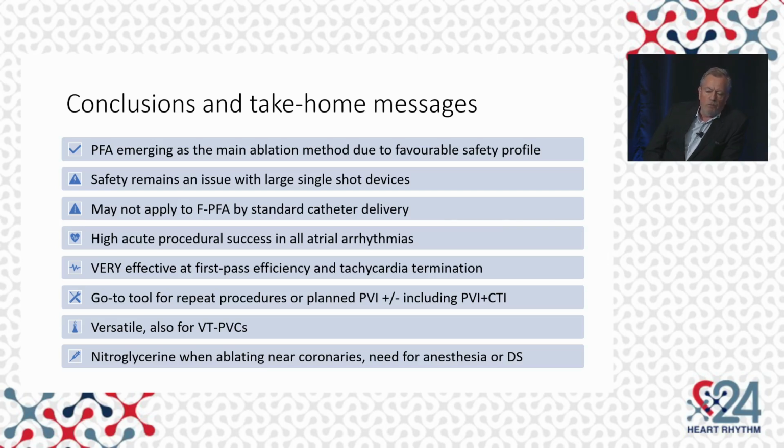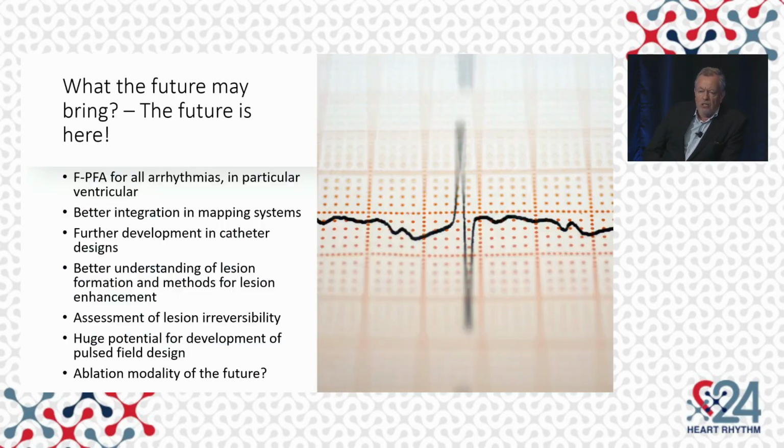It has become our go-to tool for repeat procedures or planned PVI-plus procedures. It's versatile also for ventricular arrhythmias. You have to give nitroglycerin when ablating near the coronaries, and there is a need for anesthesia or deep sedation with propofol. So a quick look ahead.